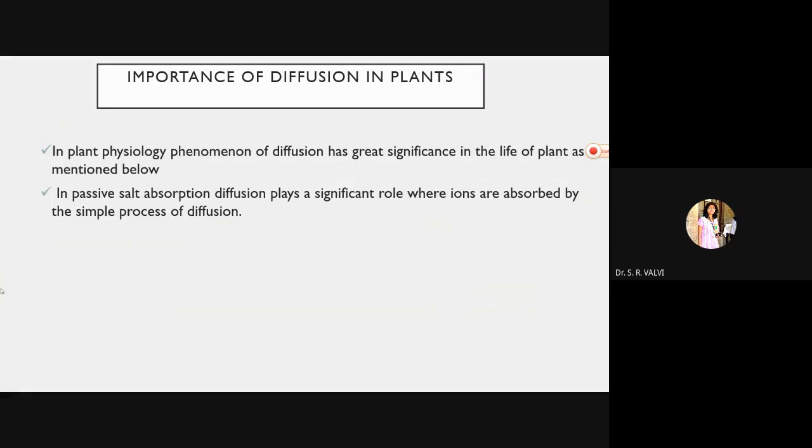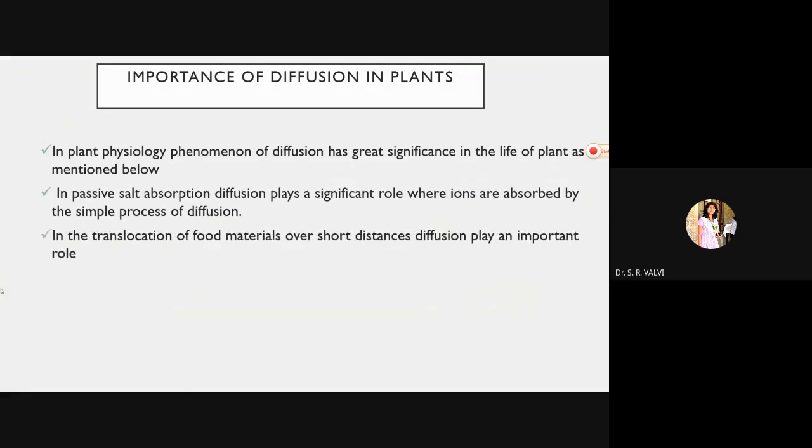In active, energy is required, whereas in passive, energy is not required. The movement of molecules happens itself without any kind of energy. So here also salt is absorbed without any energy, by simple diffusion. Please remember, with the help of simple diffusion, ions are absorbed within the plant in passive salt absorption.